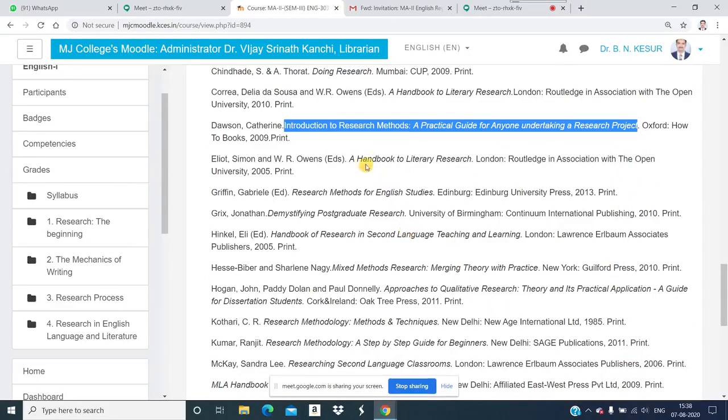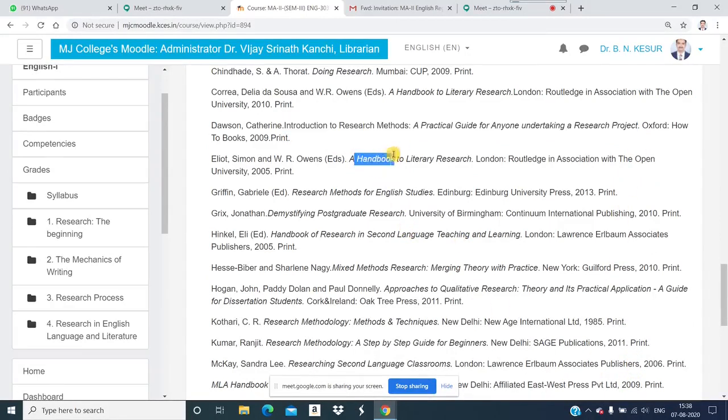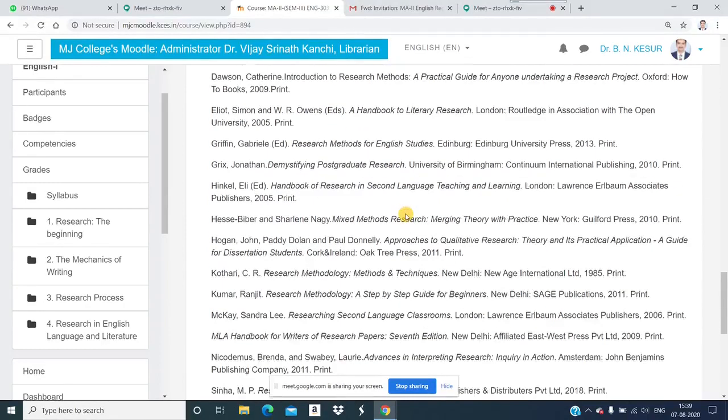Then you can see A Handbook to Literary Research again. So some of the titles are very similar. For example, here you can see A Handbook to Literary Research, and here also A Handbook to Literary Research. The second author is the same, the first author is changed. Of course the books will have some more things.